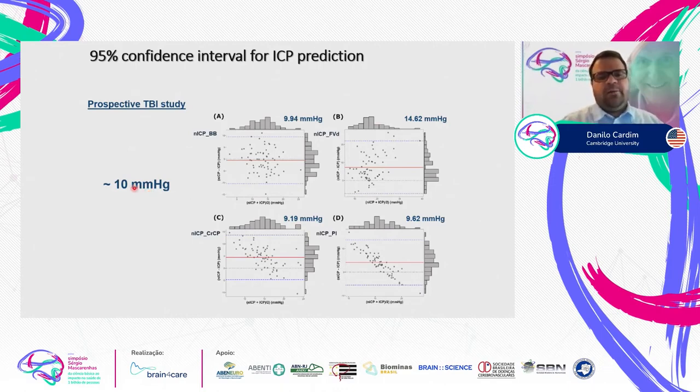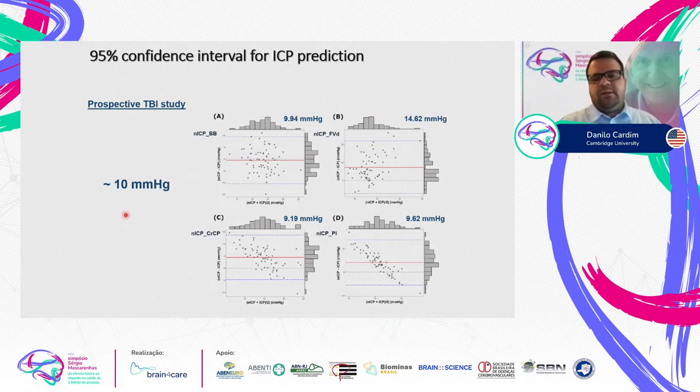So for example, to assess the absolute value of ICP, if you want to determine if a patient has indeed intracranial hypertension, characterized with intracranial pressure above 20 millimeters of mercury, having an error of about 10 millimeters of mercury is not very attractive to the clinician.